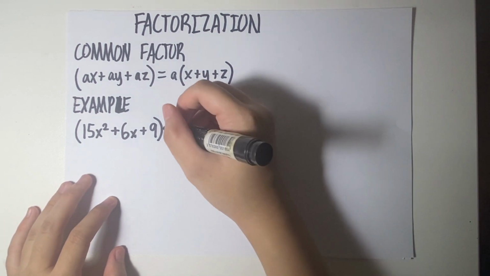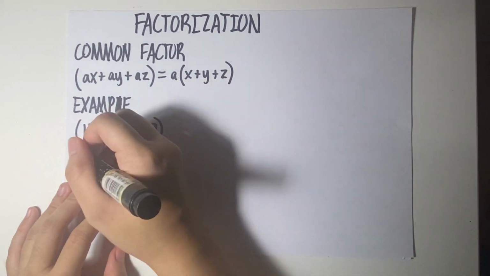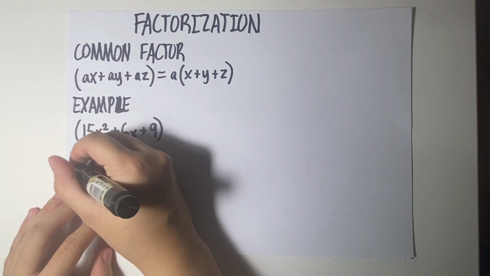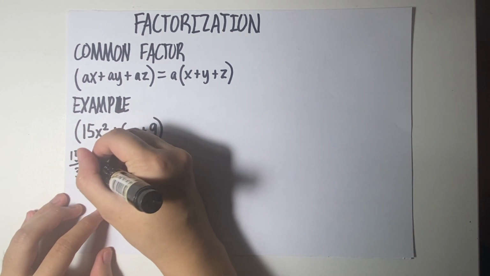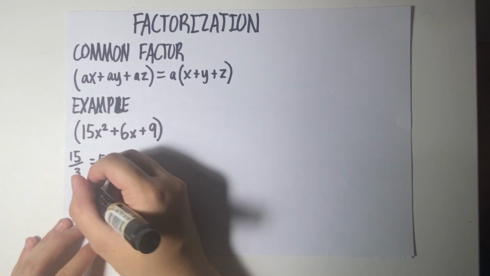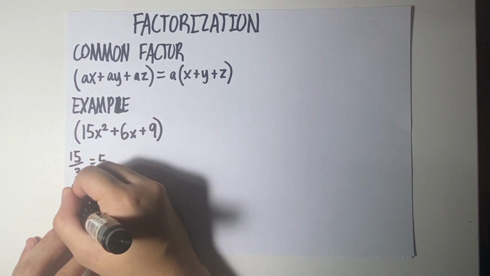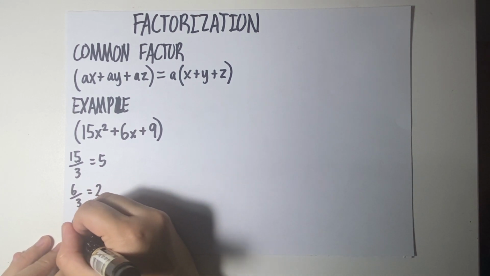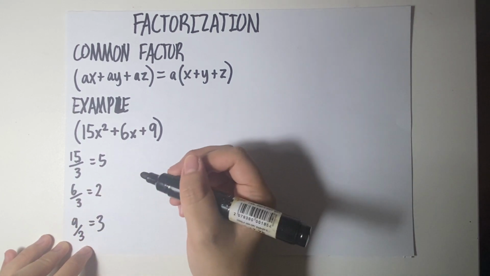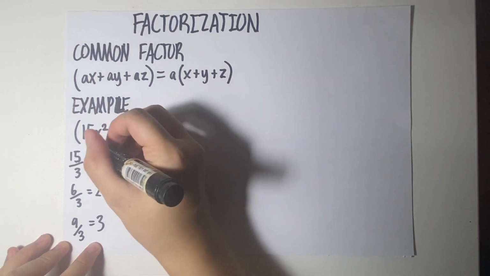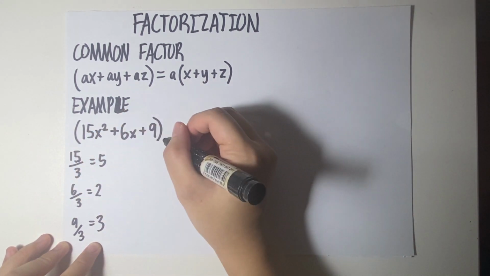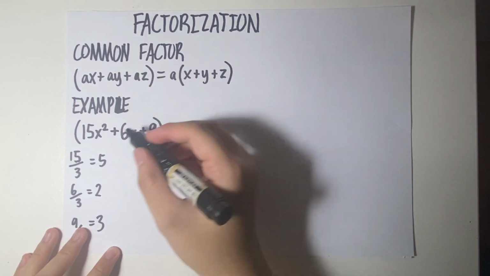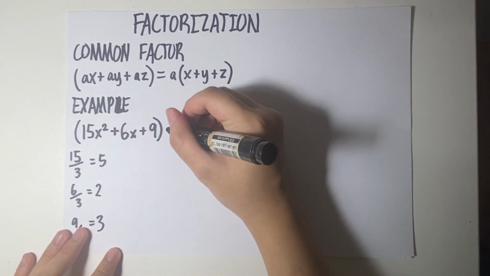Okay? So, let's write out what is 15 divided by 3, that's 5. 6 divided by 3, that's 2. 9 divided by 3, that's 3. So, we can divide this entire bracket by 3 because 3 is the common factor and we are factorizing this bracket.